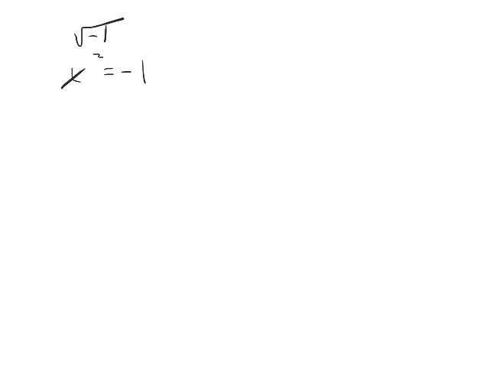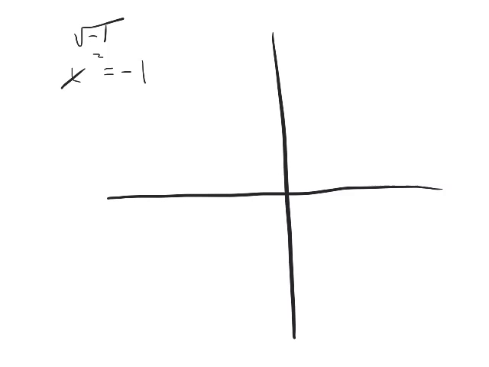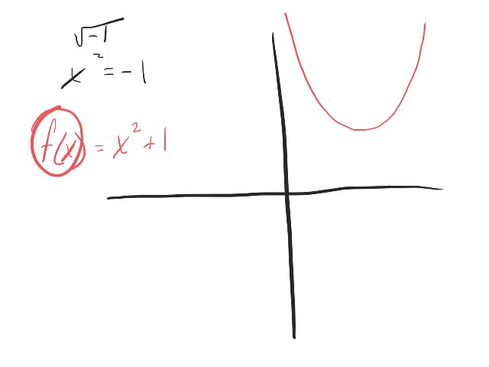So whenever this is the case, what we end up with is a graph that does not cross the x-axis. So for instance, f of x equals x squared plus 1. If we were to set this equal to 0, we would get x squared equals -1, or x equals plus or minus the square root of -1.